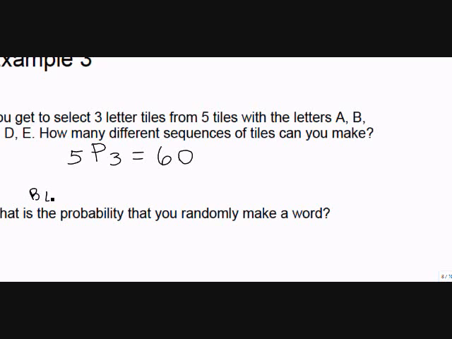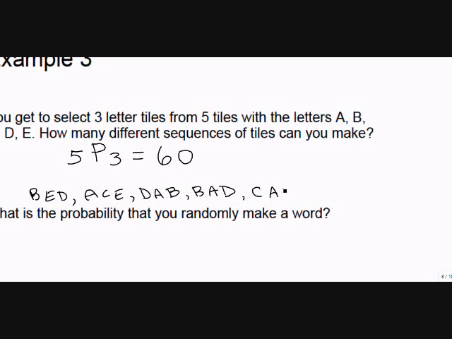Bed. Ape. Ace. Dab. Bad. So dab and bad have the same letters, but they mean different things in different orders, so order matters. Any other words?